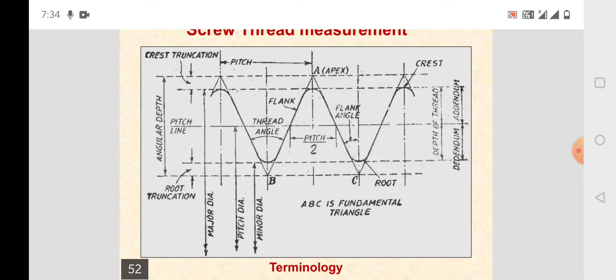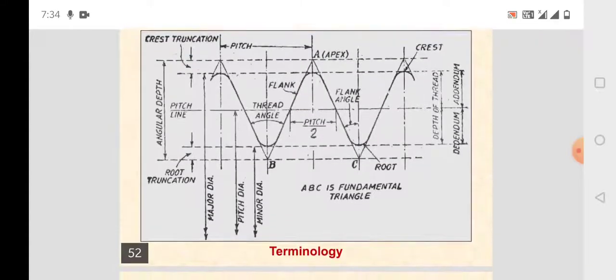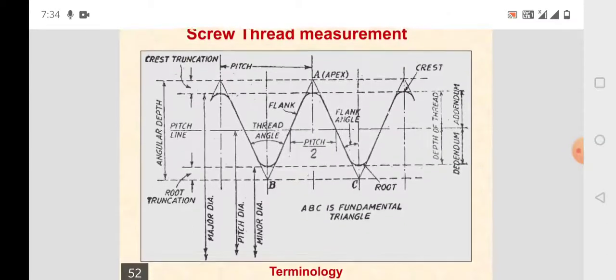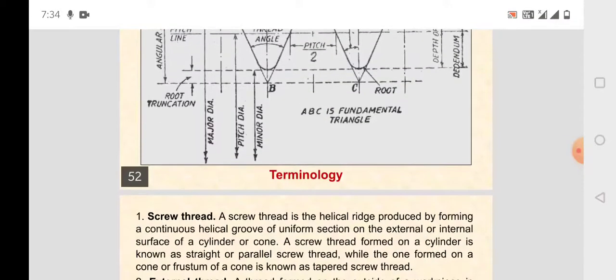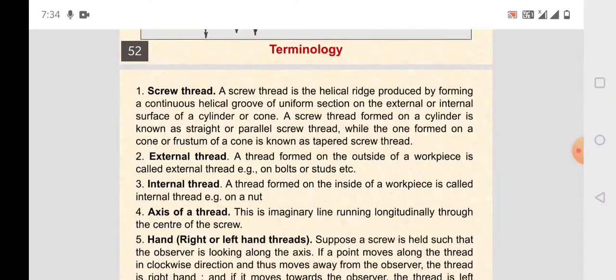Addendum is the distance between the crest and the pitch diameter, and the distance between the root and the pitch diameter or pitch line is known as dedendum. So this we'll find in the gear also. This terminology is shown here, and the definitions and details of all these terminologies are given below.